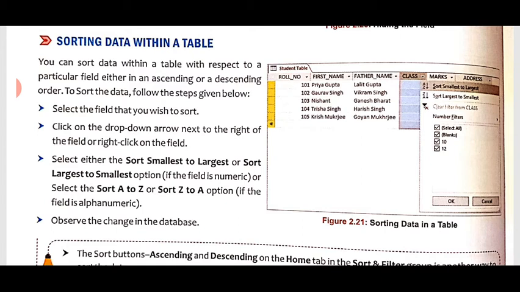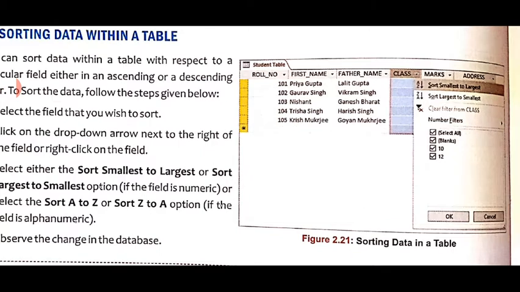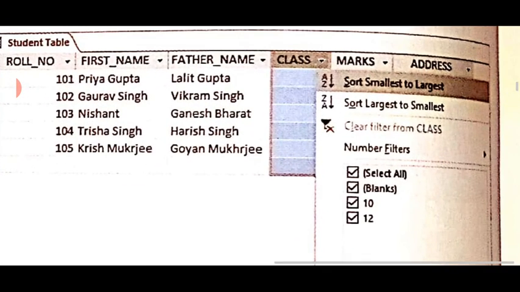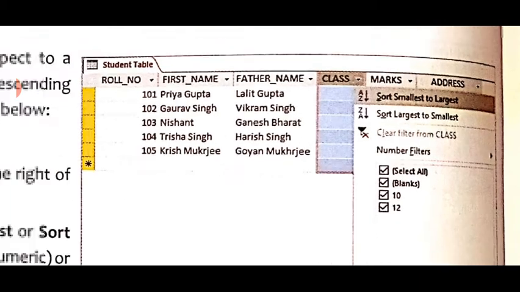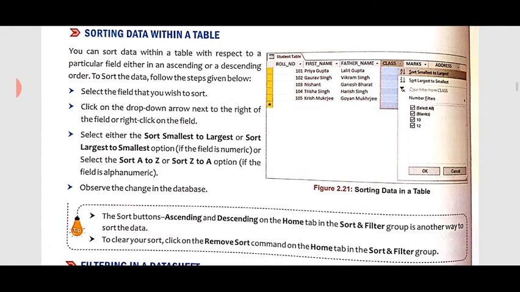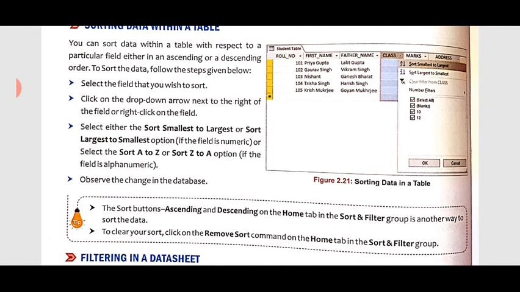Select the desired field, right click on the field, the context menu will come, and here you can select A to Z or Z to A. Sort smallest to largest or sort largest to smallest. Both options are visible in the picture also. Choose any one. A to Z means smallest to largest and Z to A means largest to smallest, and you can see that particular field will be sorted.